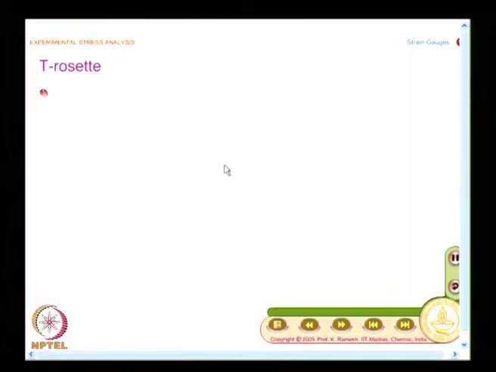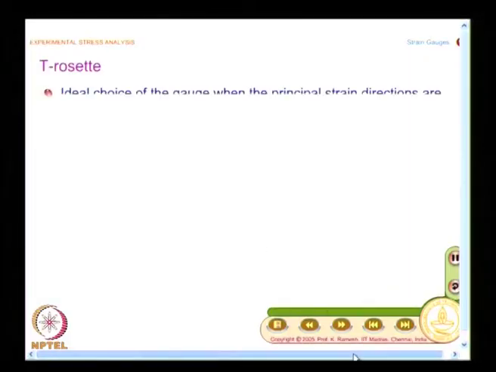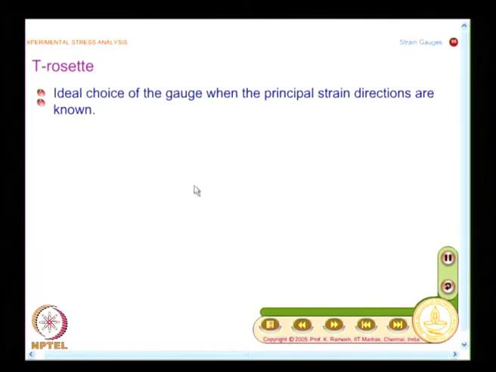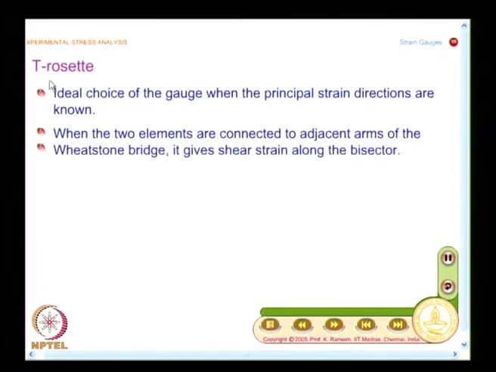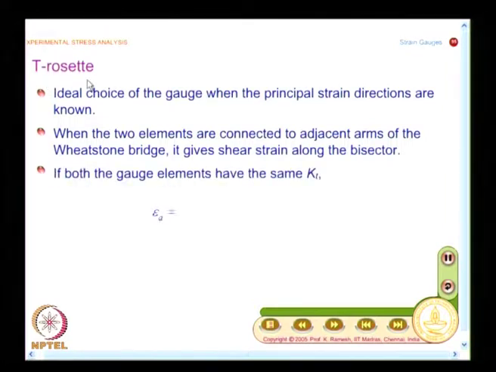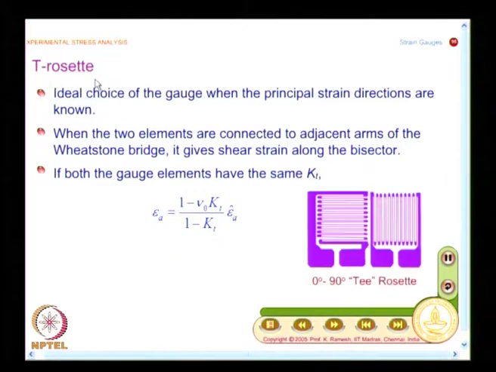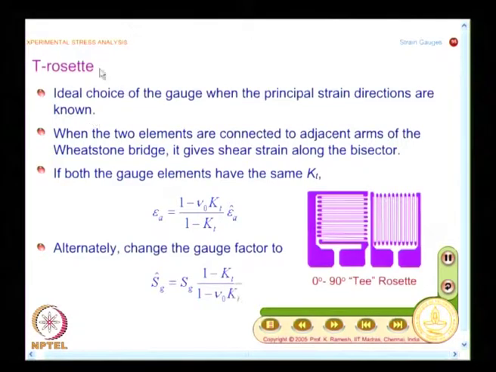And then, we have also looked at how for finer strain measurement, we need to go in for using rosettes appropriately, and T rosettes are an ideal choice when the principal strain directions are known. This is one way of using it.